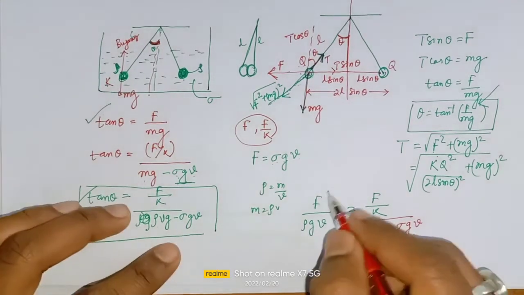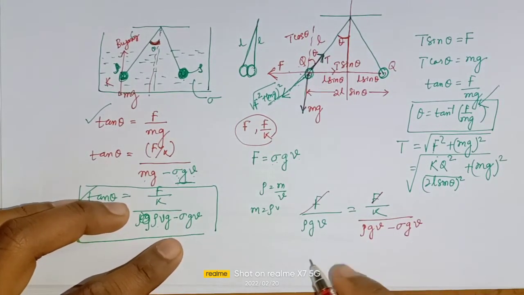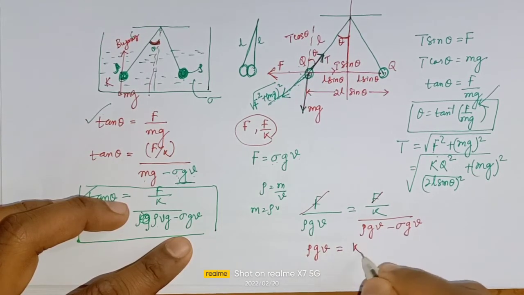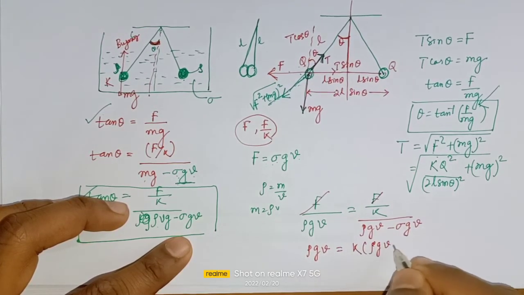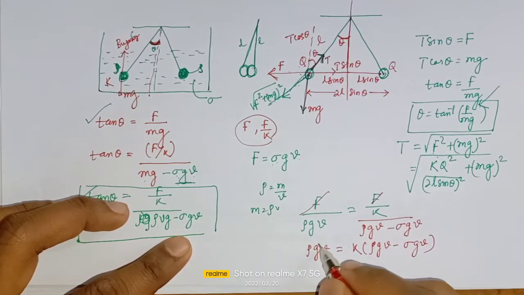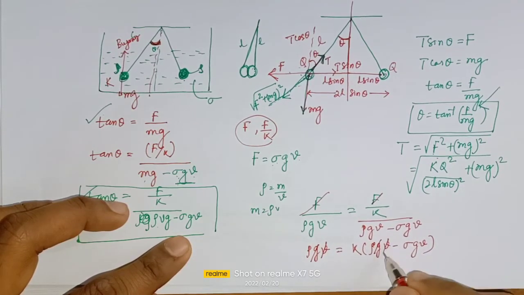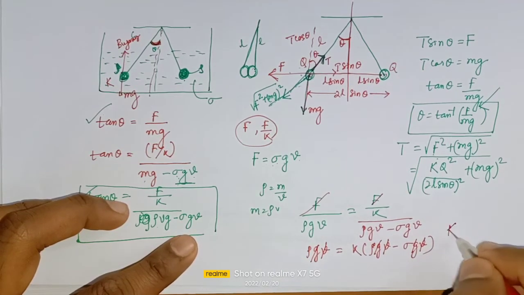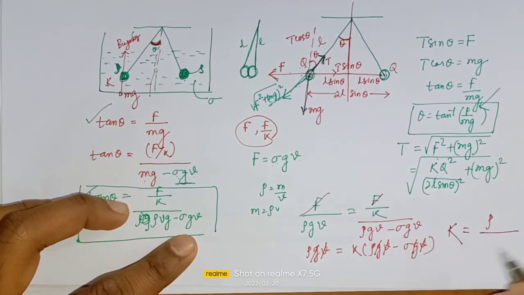Cancel out the F and F. We get rho Gv equals k times rho Gv minus sigma Gv. Cancel out G and V. We reach the conclusion that the value of k equals rho upon rho minus sigma.